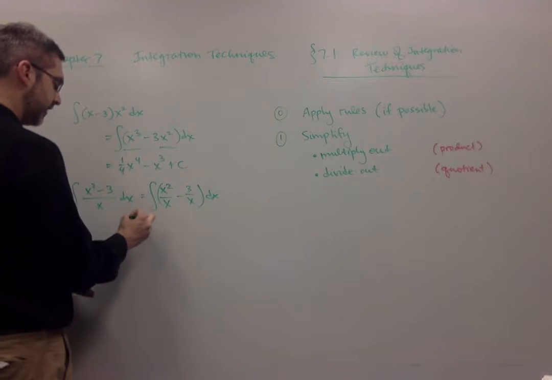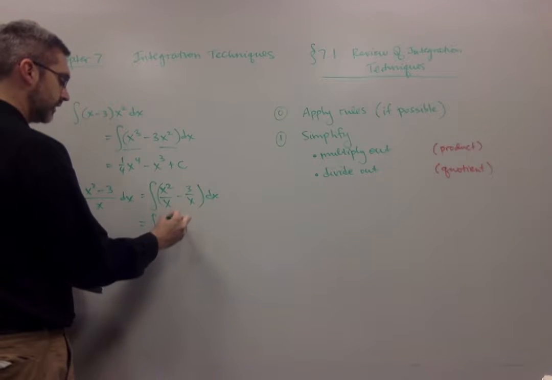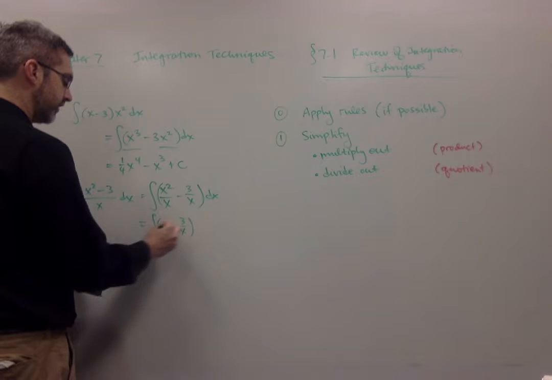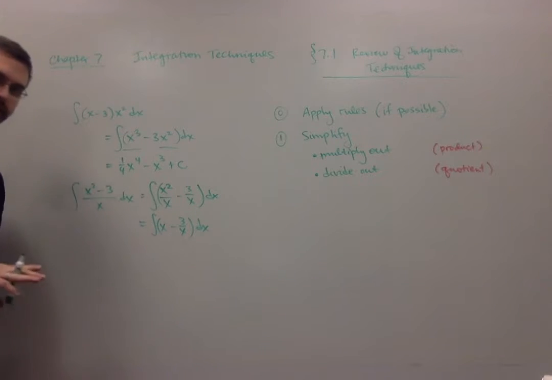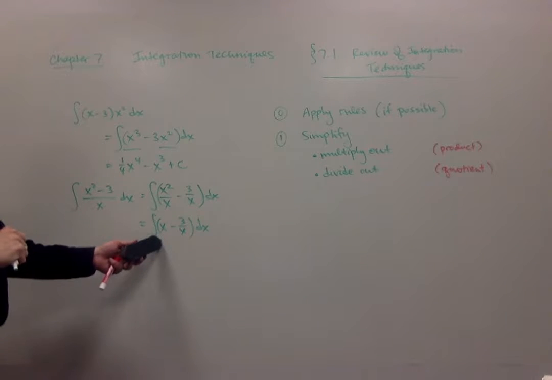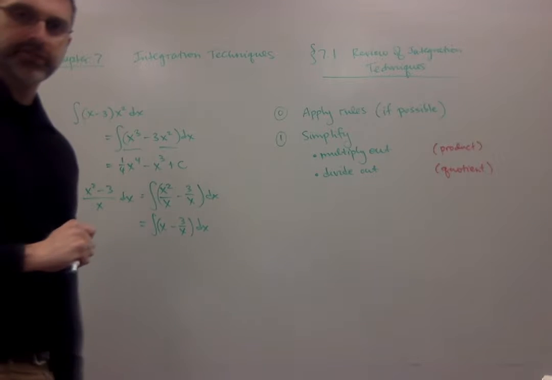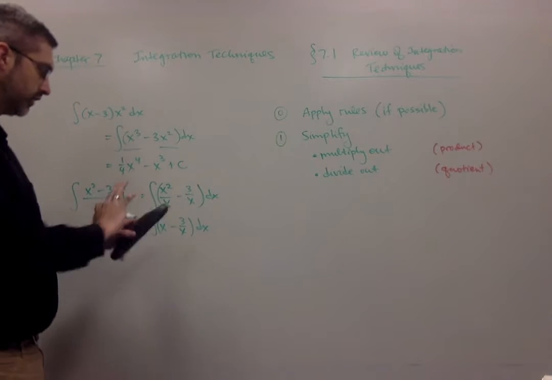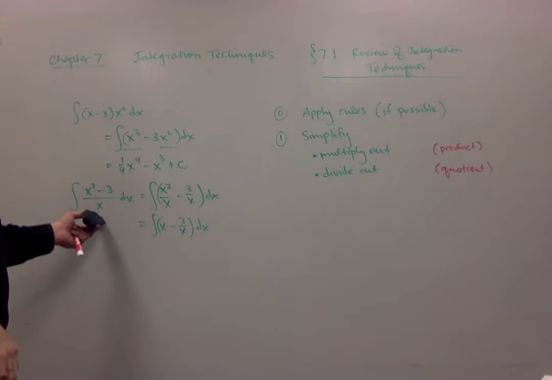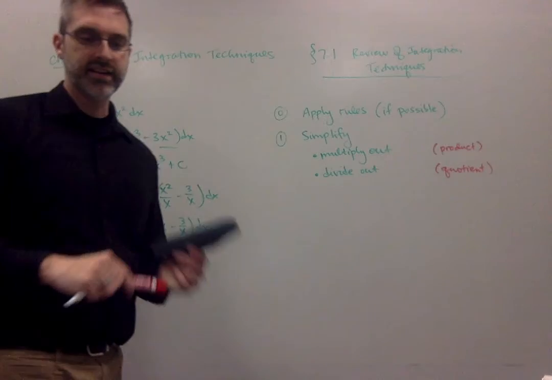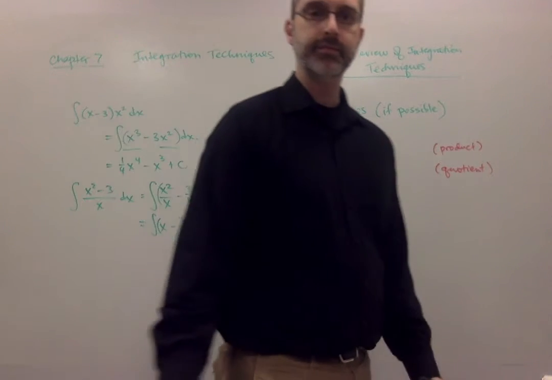Now x squared over x is just x, and I've got the 3 over x, and this is now an integral that I can do. We've gotten to a place where it's easier. This is 1/2 x squared, minus 3 natural log absolute value of x. We're good to go. We're golden there. But the key is dividing out. That makes the integral simpler.